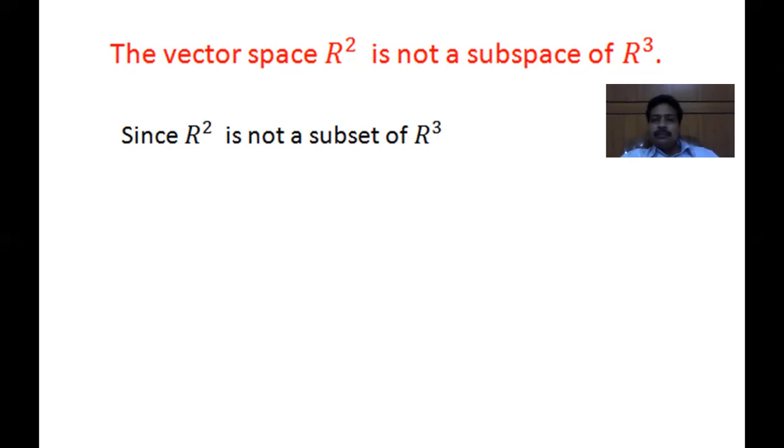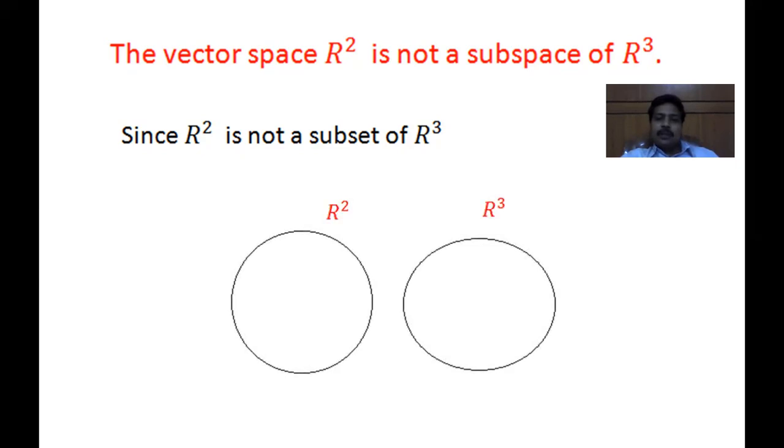The elements of R2 are different from elements of R3. Elements of R2 have only 2 entries. Elements of R3 have 3 entries. So these are two different worlds. R2 is not a subset of R3. They will look like this. R2 is different from R3. So R2 is not a subspace of R3.